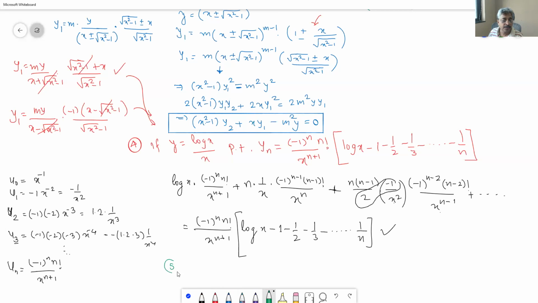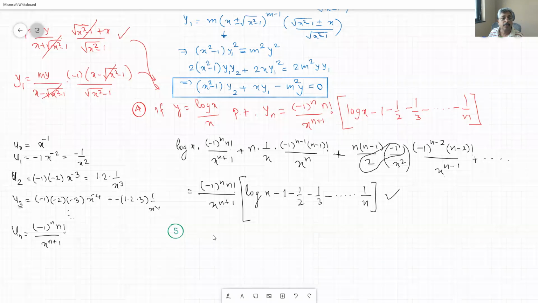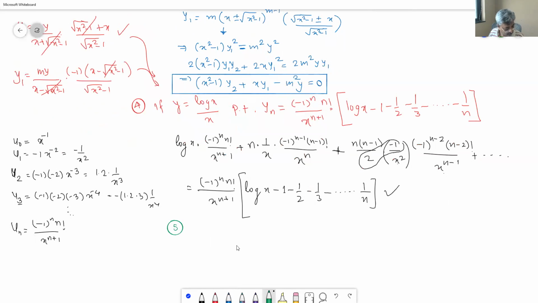Question 5. I n is equal to the nth derivative with respect to x of x raised to n log x.